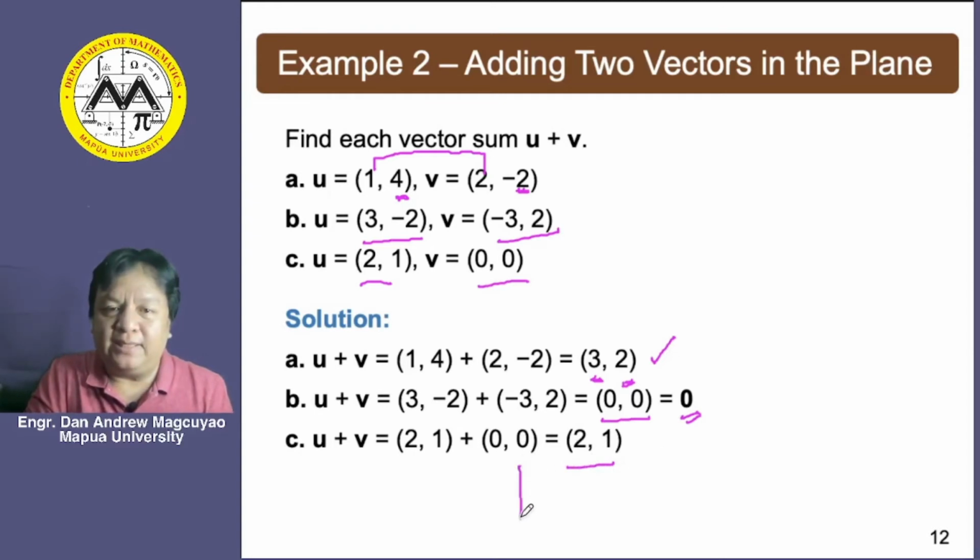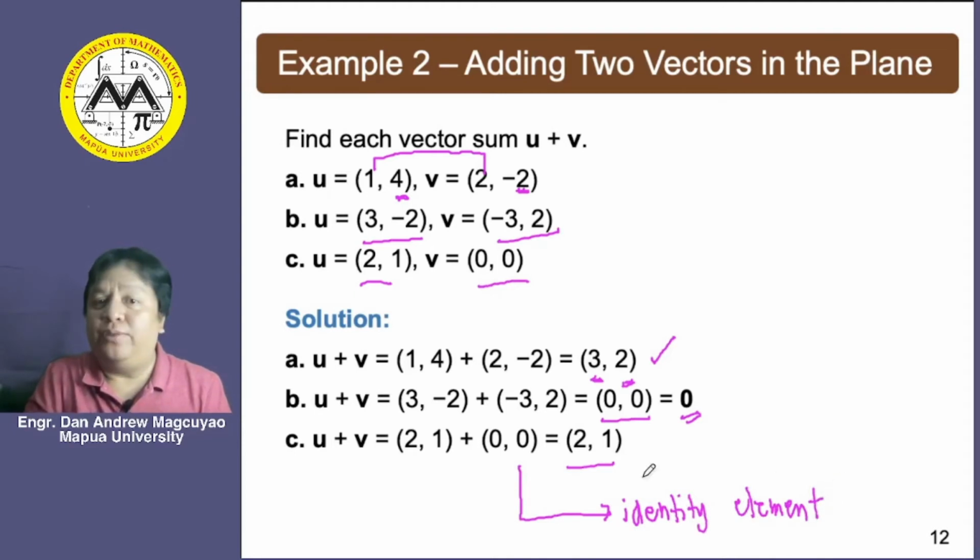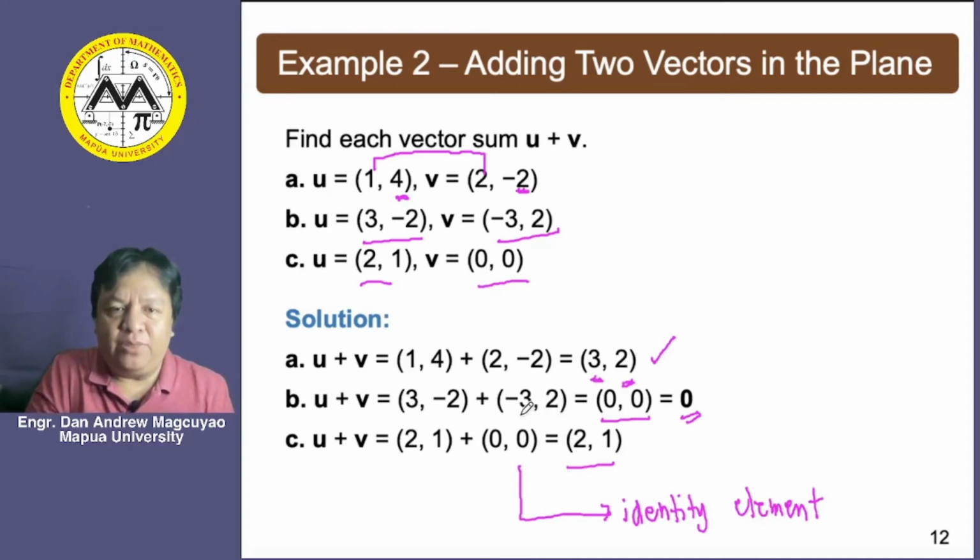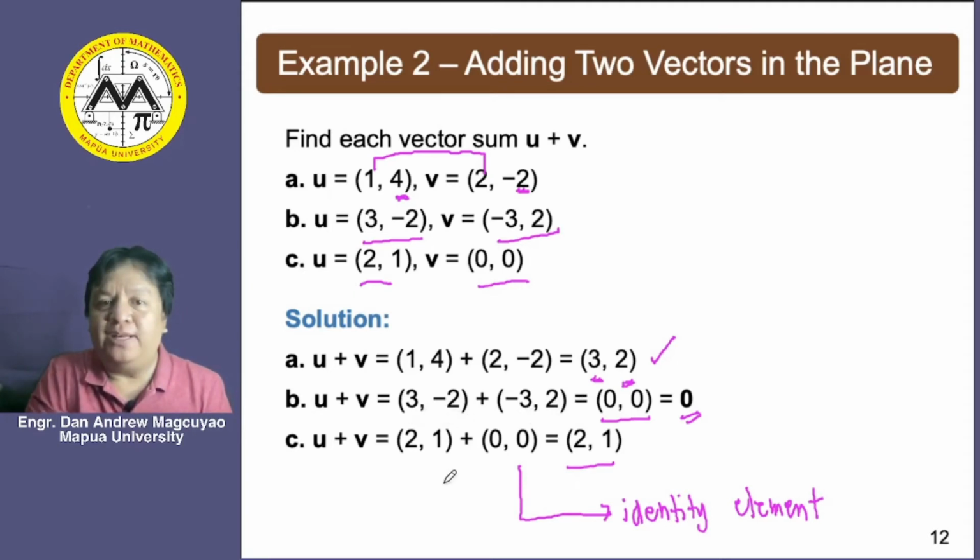So we can say that 0, 0 is the identity element. This is the vector that we add so that the result would just be itself. While negative 3, 2 is the additive inverse of 3, negative 2, because that is the vector that we add that would give us the zero vector.